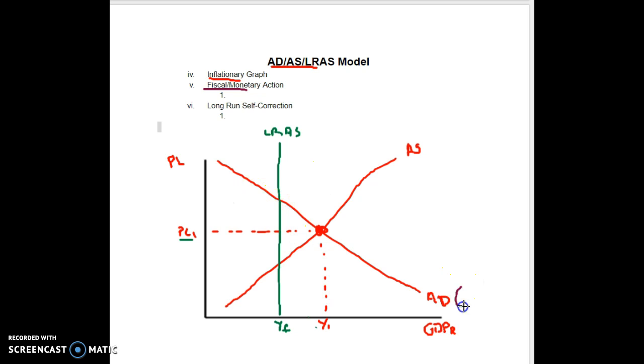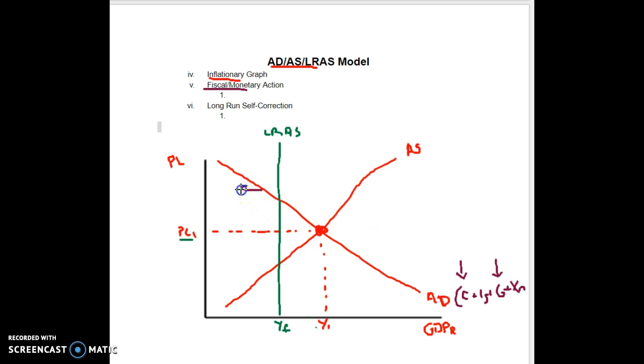Aggregate demand is made up of consumption, investment, government spending, and net exports. The government has control over their own spending, so they can reduce government spending, or they have control over consumption. They can push aggregate demand left to get back to full employment by increasing taxes, which pushes down consumption. Those are my two options.